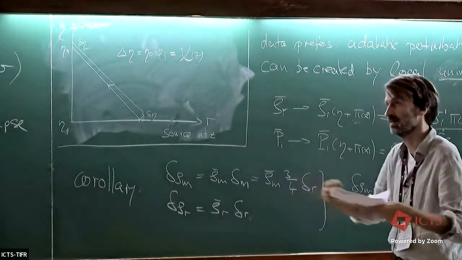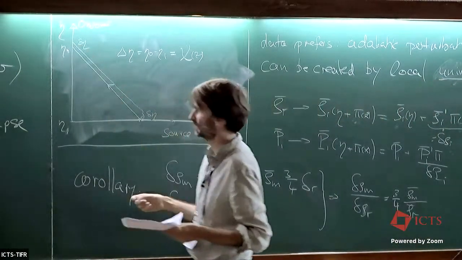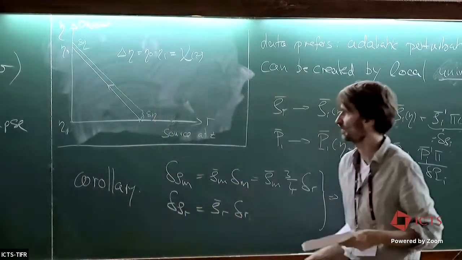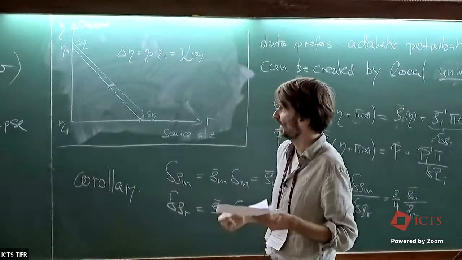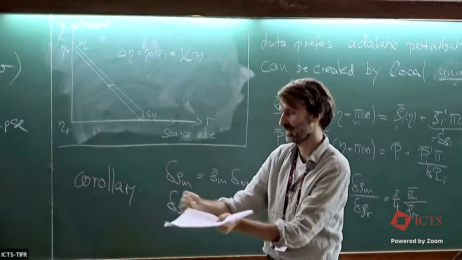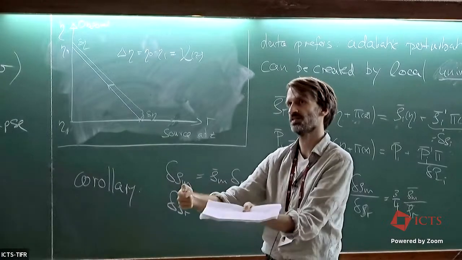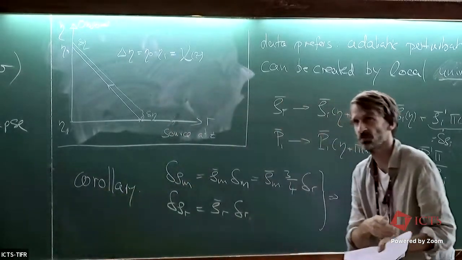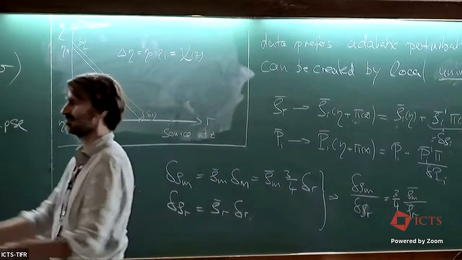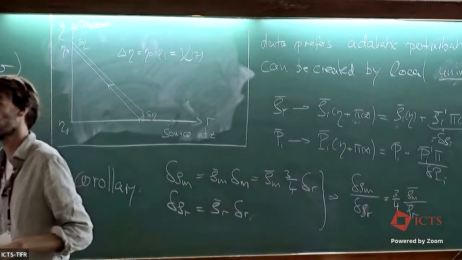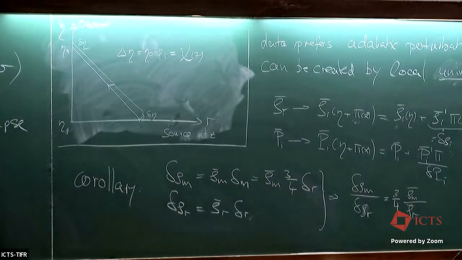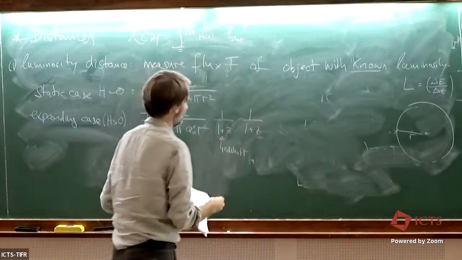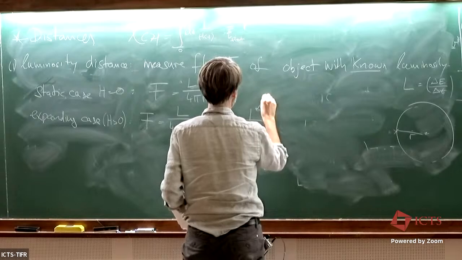But the physical time difference between these two differs by a factor of the ratio of the scale factors between these two points. In other words, because space expands, the physical time distance increases. So photon 1 will be ahead of photon 2 by a little bit more physical time, and that brings down the rate at which photons arrive by another factor of 1 plus z, again because it's the scale factor ratio that comes in. So that is the reduced rate.